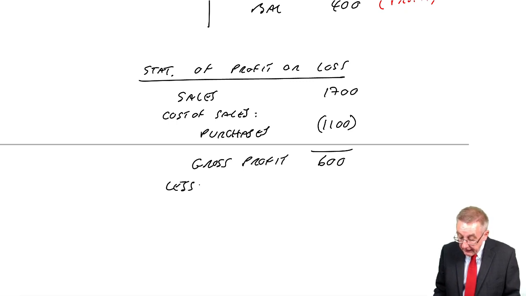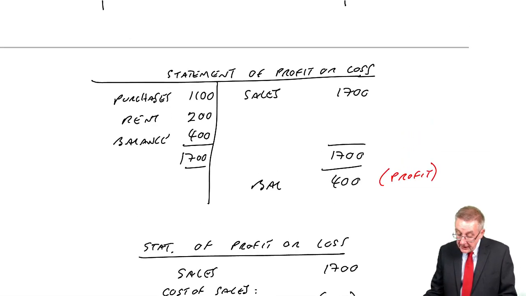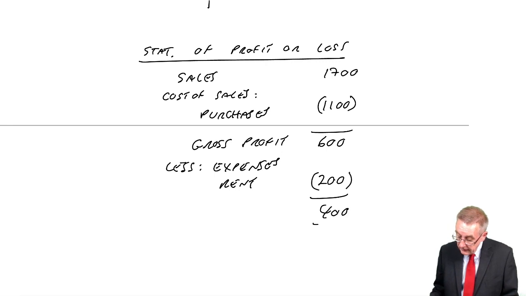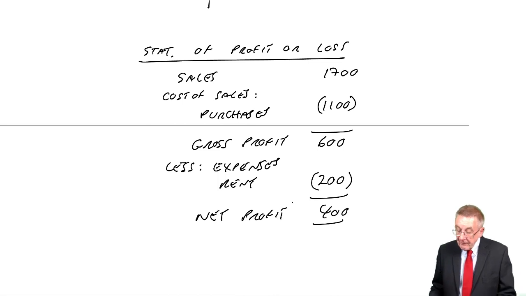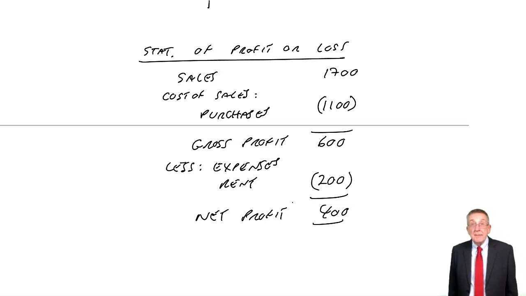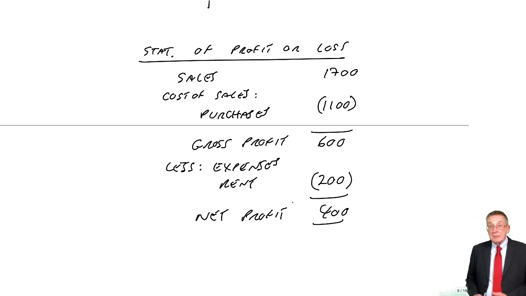Then we subtract our expenses. The only one here was, what was it? Rent of 200. The net profit. So this statement is simply rewriting the profit and loss T account in the proper layout.